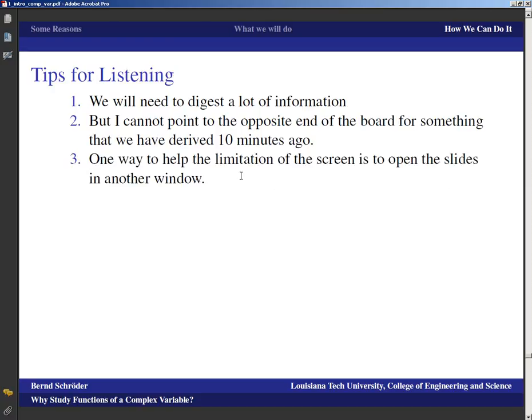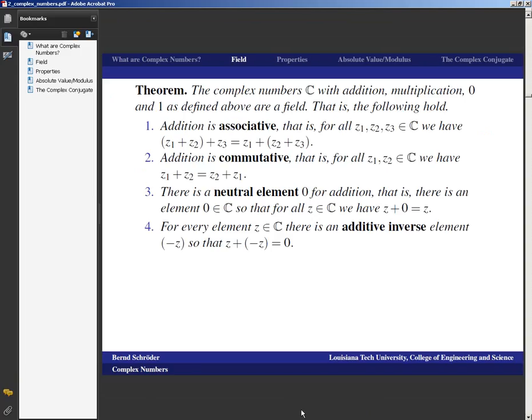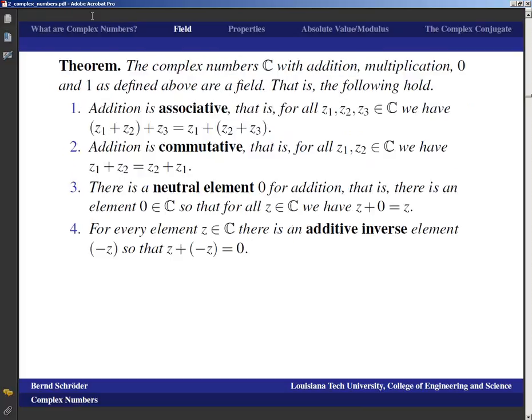And one way to help this limitation of this screen is to open the slides for the presentation or slides for previous presentations in another window. And so if you, for example, in the next presentation have to remind yourself, well, what does it mean to be associative? Well, open up the slides, look back to make sure you remember the definition or remember what commutativity is, and so on and so on.